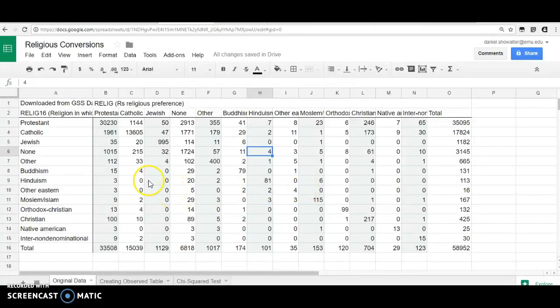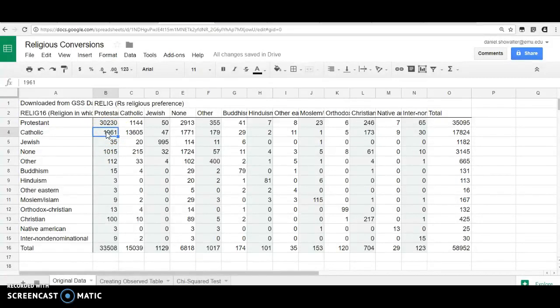So for example, let's say you were raised Catholic and then eventually converted to Protestantism, still remained in the Christian church but went to a Protestant church. You would be one of these 1961 people. You would be counted in this box.